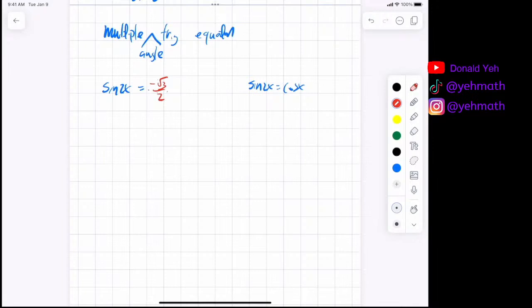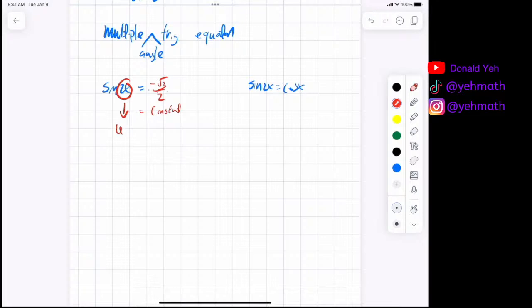As a matter of fact, this is called multiple angle because there is more than one angle. When it's equal to a constant, the double angle won't help you. Imagine you approach it as 2 sine of x cosine of x equal to square root 3 over 2, and you divide by 2 on both sides, it's going to be square root 3 over 4. And then you're kind of stuck there.